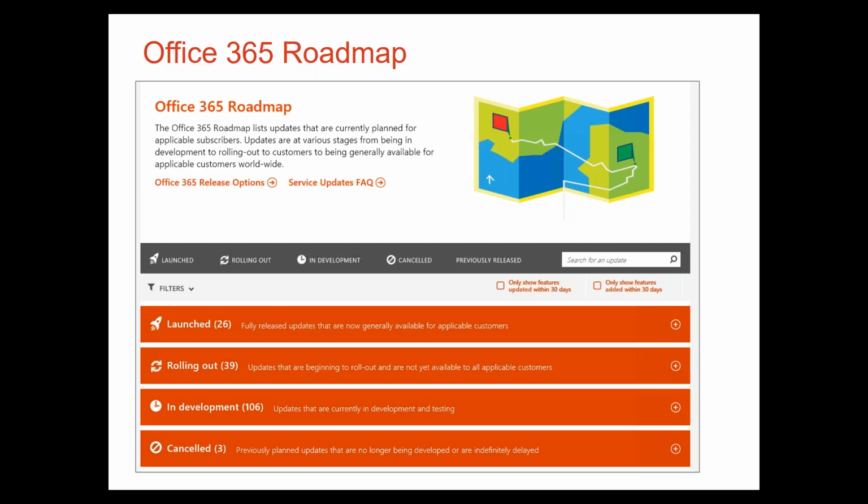Some of them are add-on products, like as I said with Power BI, and there are some other tools that I'll mention later today that are sort of secondary applications that you can buy additional licenses for. But this roadmap is online, so just Google Office 365 roadmap and you will be able to see what's coming out next and what's already available.